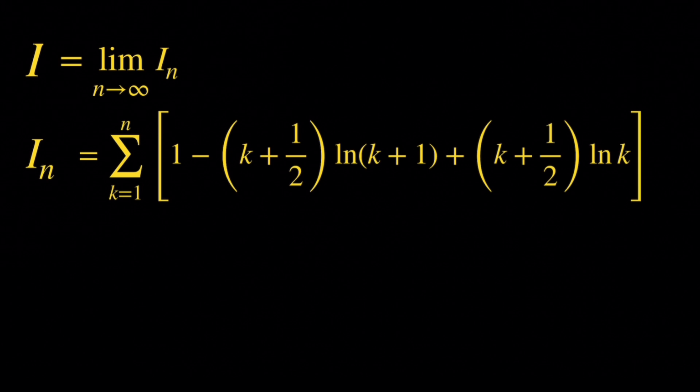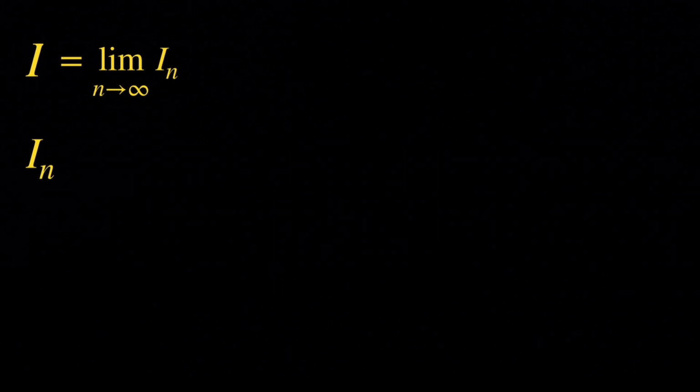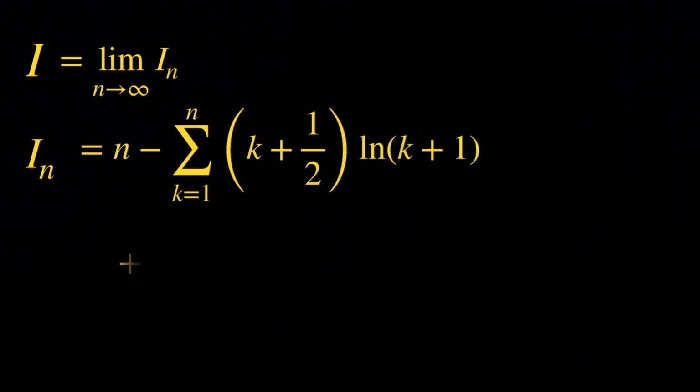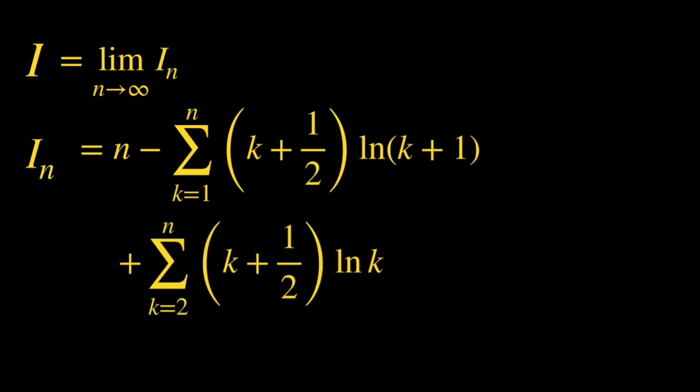Now the sum of all the 1's as k goes from 1 to n is simply n. So we can rewrite it as n minus the sum as k goes from 1 to n of k plus 1 half times natural log of k plus 1, plus the sum as k goes from 2 to n, simply because log of 1 is equal to 0.